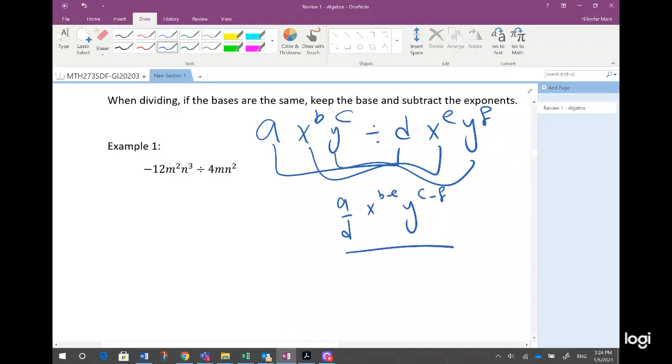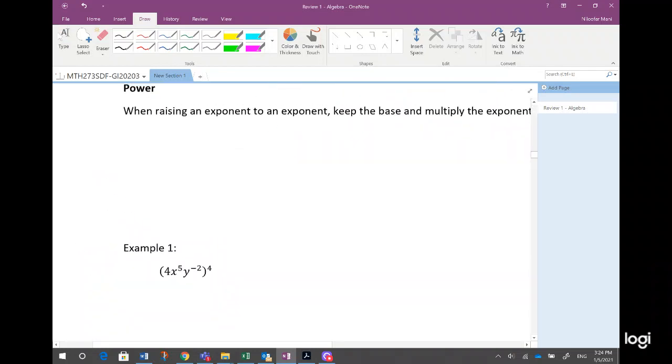So here, minus 12 divided by 4, m power 2 minus 1, n power 3 minus 2, which is minus 3 m n. Number with number, m with m, and n with n in division. One of them positive, one of them negative, yes, the answer is negative. Good.